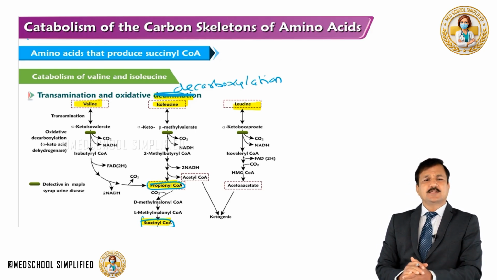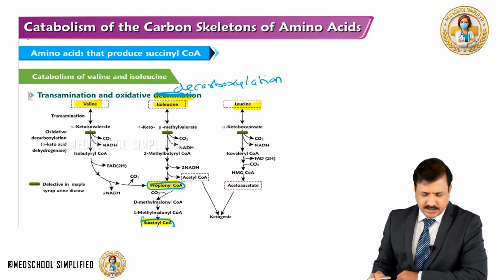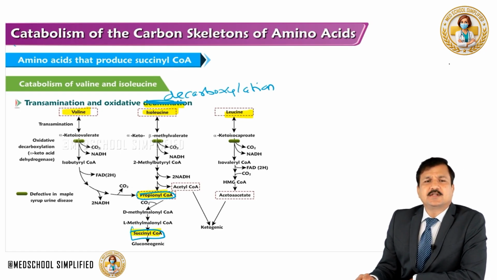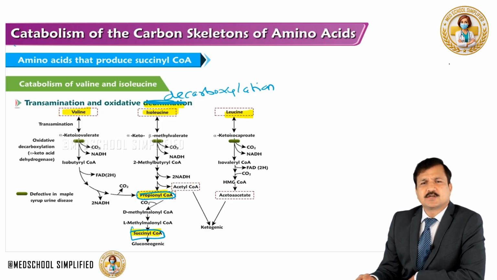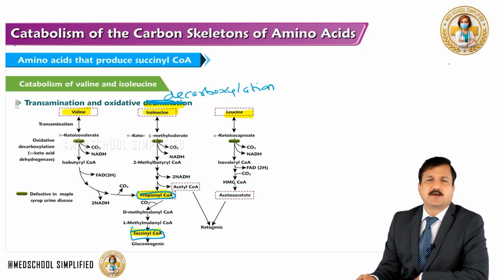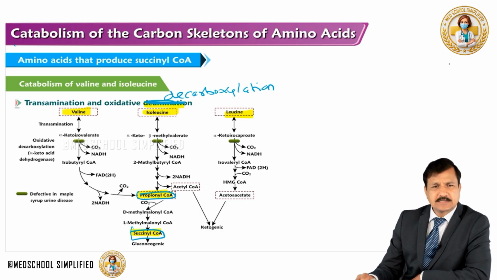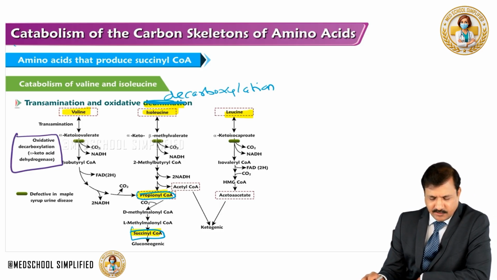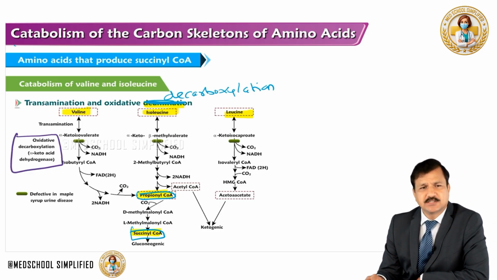And note that there can be a defect in the transamination or oxidative decarboxylation process, or there can be accumulation of certain things in the metabolism of valine, isoleucine, leucine, and that can be a clinical application. One of the things that I would like to mention here before I go over the disease in detail in my next lecture is a defect in the enzyme that is catalyzing oxidative decarboxylation of branched chain amino acids.